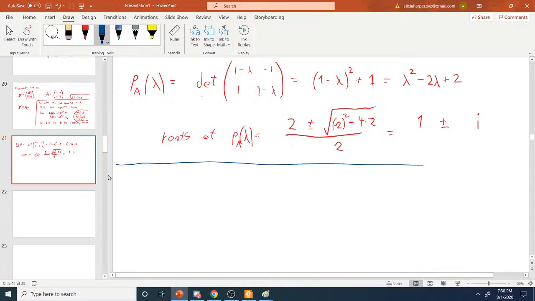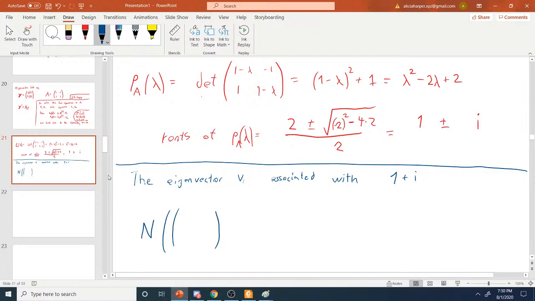Okay, so I have found the roots of P_A of lambda, which means now I have to find the eigenvector v1 associated with 1 plus i. So I want to look at the null space of the matrix A minus (1 plus i) times the 2 by 2 identity matrix, which is going to be equal to, so here I'll have a negative i.